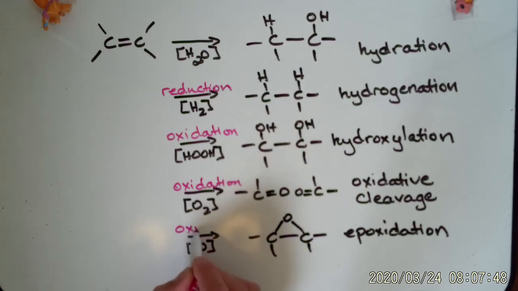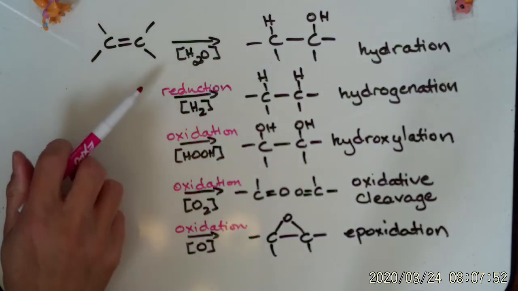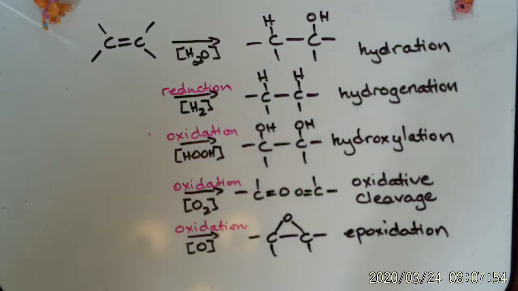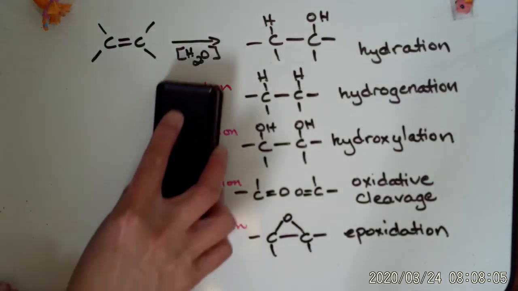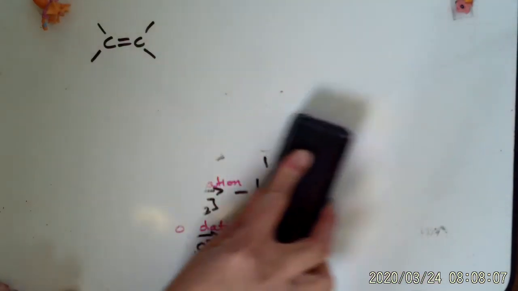And this is considered an oxidation. Okay, so we'll be going through these types of reactions. And let me continue and give you the rest, and I'll tell you which one we'll be doing first. Okay, so this is the first set of 5, and we have another 5 more to go.